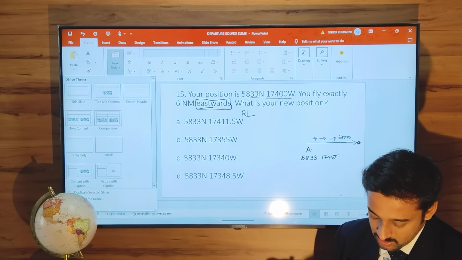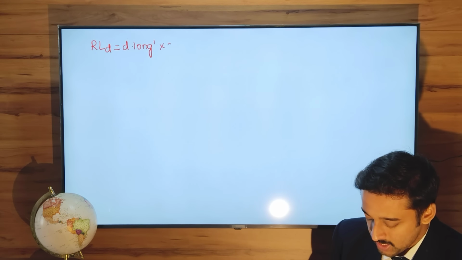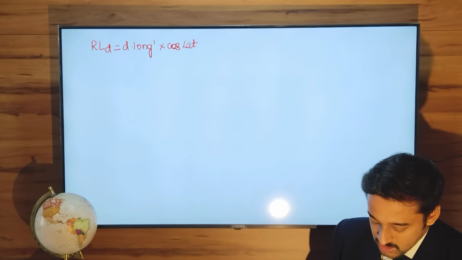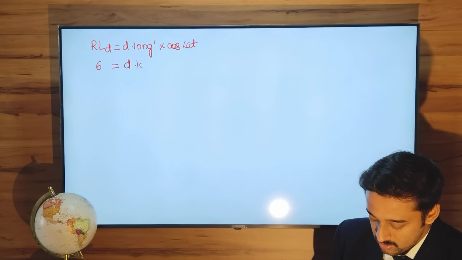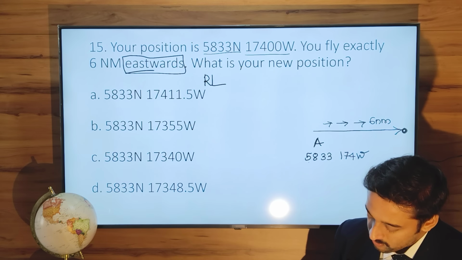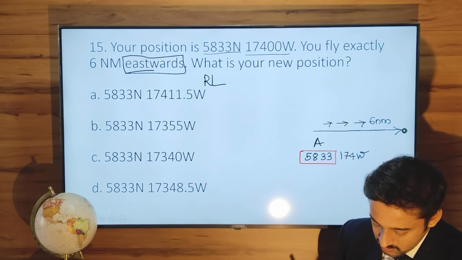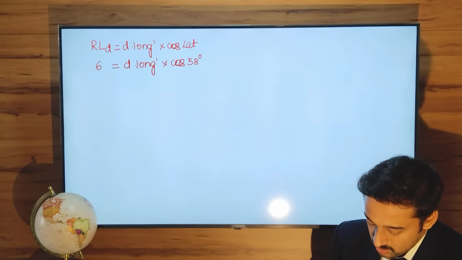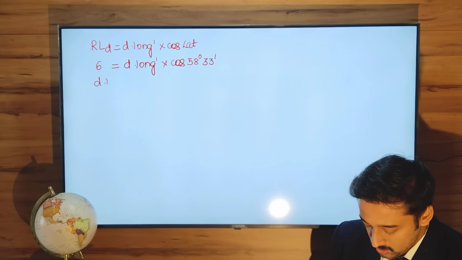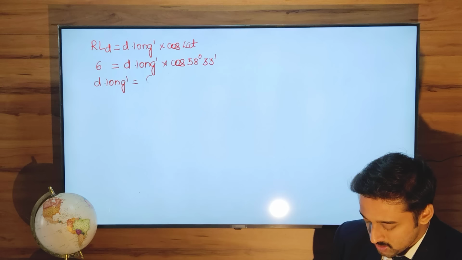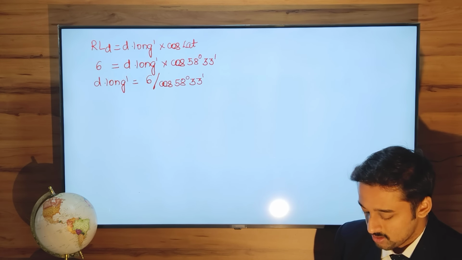Let's take a new slide. So a very simple formula-based sum. Rhumb line distance is d long in minutes into cos lat. So 6 miles is equal to d long into cos of 58 degrees 33 minutes. So d long is equal to 6 divided by cos of 58 degrees 33 minutes.